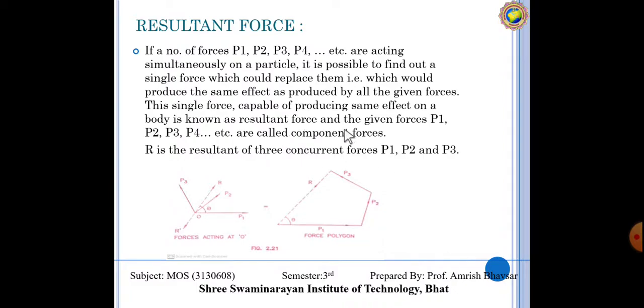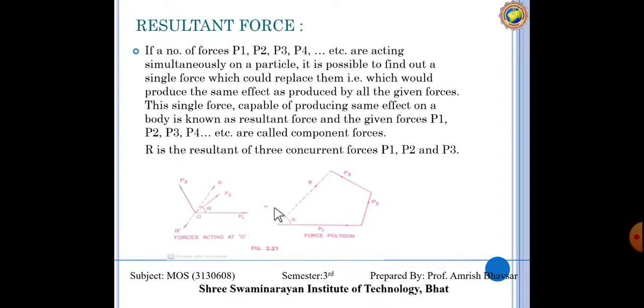Why? Because whenever the whole force of the building is acting on a footing, you know what a footing is, we can design that foundation and stabilize the building. What is the basic need of finding this resultant force?